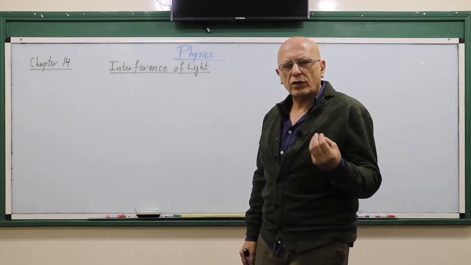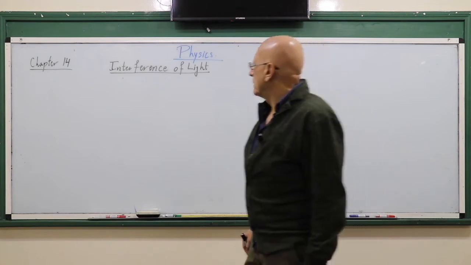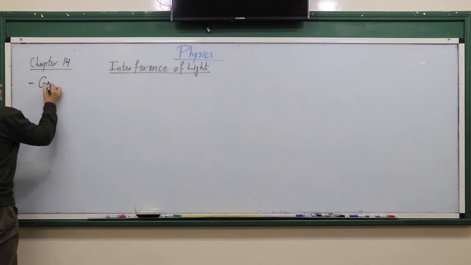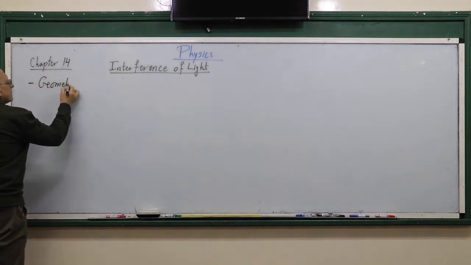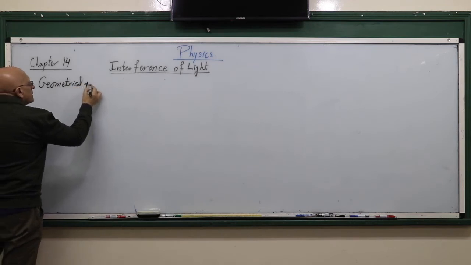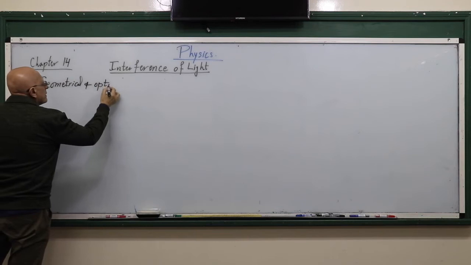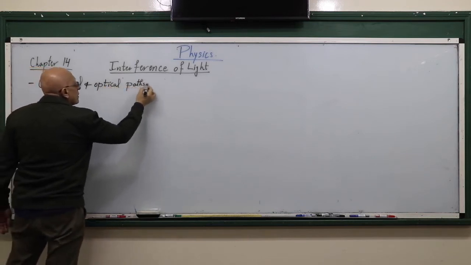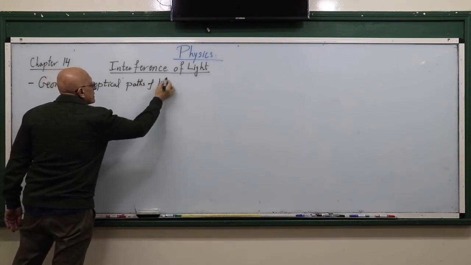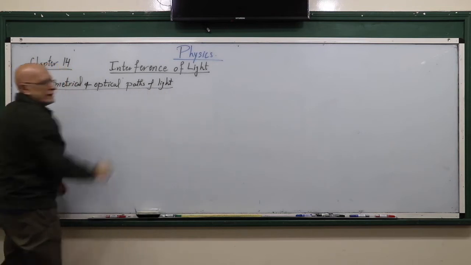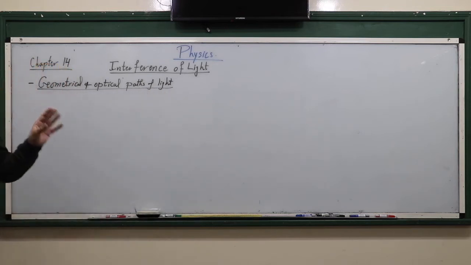We should know the geometrical and optical paths of light. What is the difference between these two paths of light?